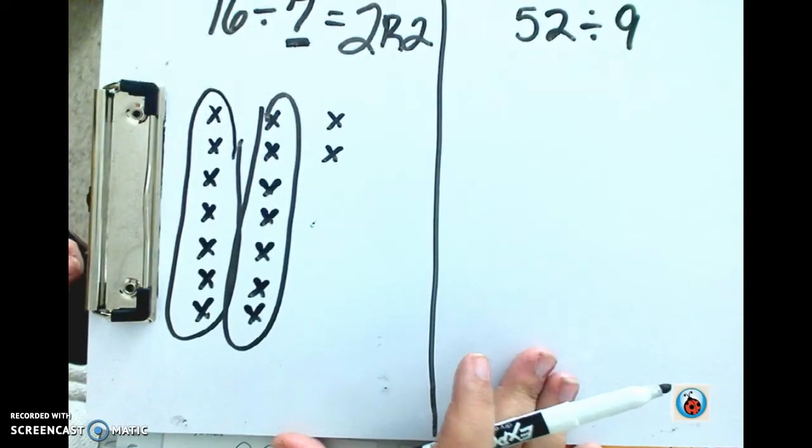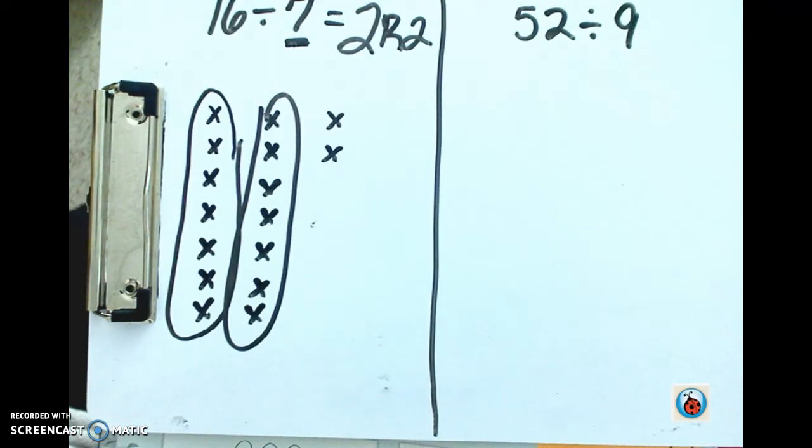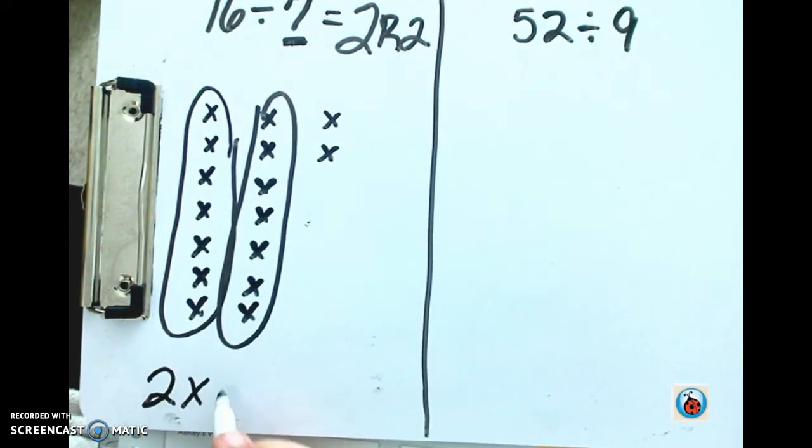Now, the next part of your homework is going to ask that you check this. So what 2 numbers do I multiply in order to check this, Sophia? Yes, you multiply your answer. 2 groups of 7.